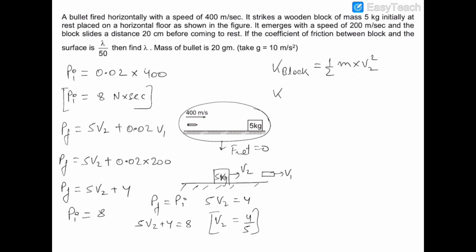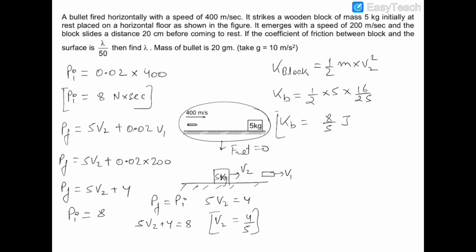Now the value of kinetic energy of the block will be half, the mass of the block is 5 kg and the velocity squared is 16 by 25. So the kinetic energy of the block is equal to 8 by 5 joules.